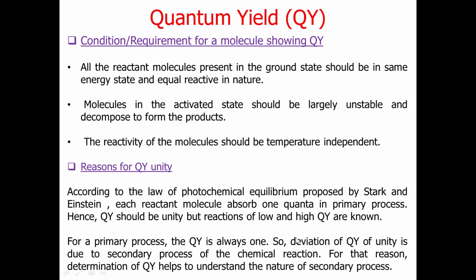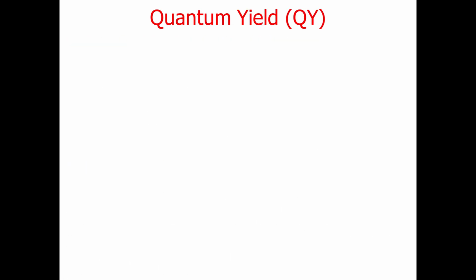So the deviation of quantum yield from unity is due to the secondary process. For that reason, determination of quantum yield helps to understand the nature of the secondary process.